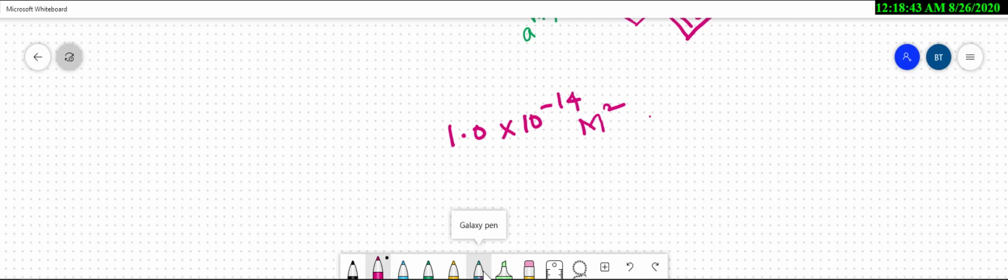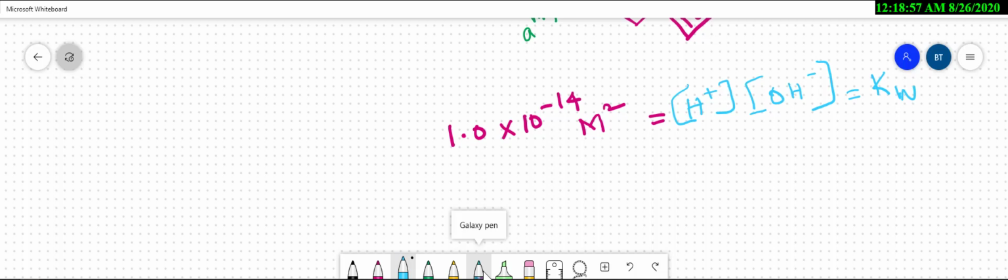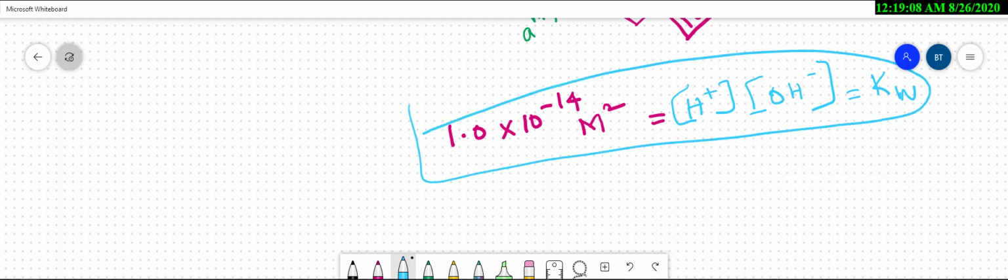And what is the right hand side? [H+] into [OH-], and this is called Kw. Okay, now we are getting to this final step.